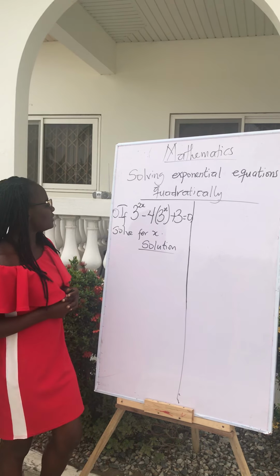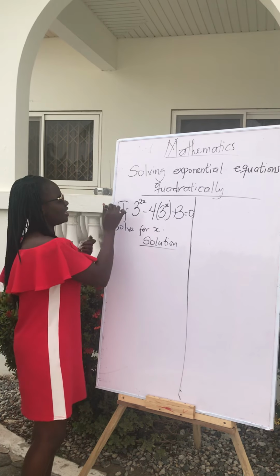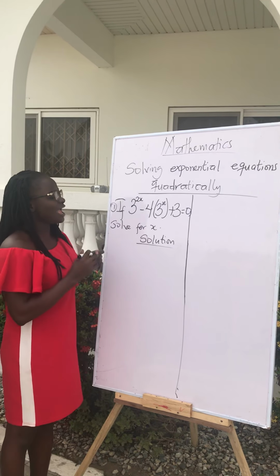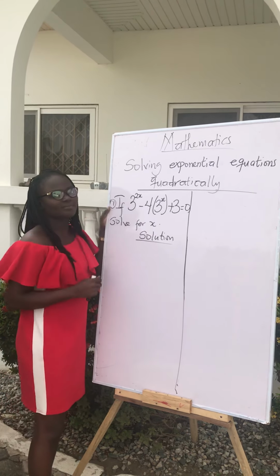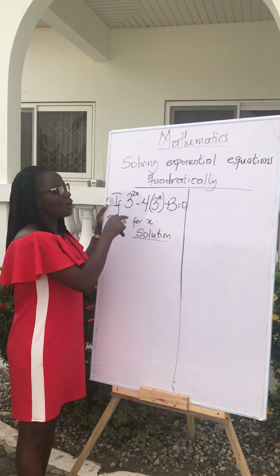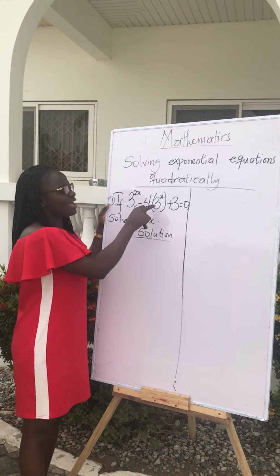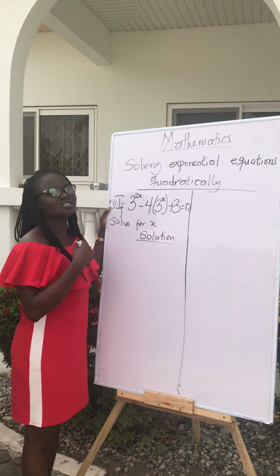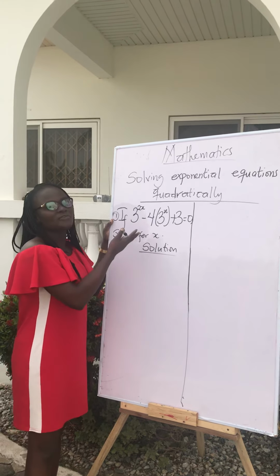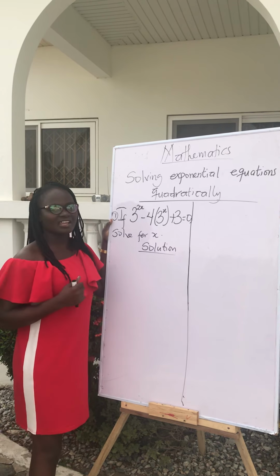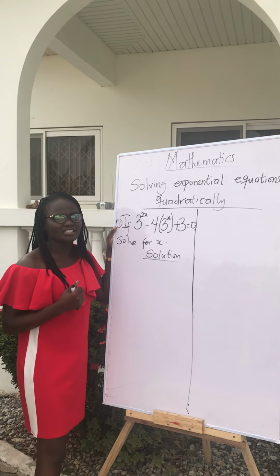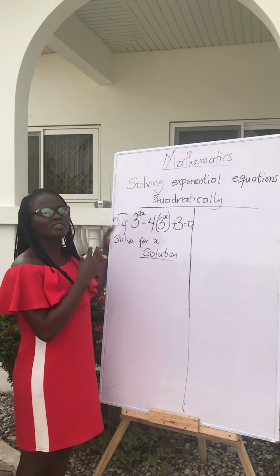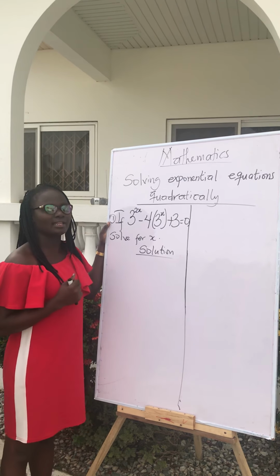The first question we have here is, if 3 exponent 2x minus 4 times 3 exponent x plus 3 equals 0, solve for x. And that is the question. In this case, we have to solve this question quadratically.